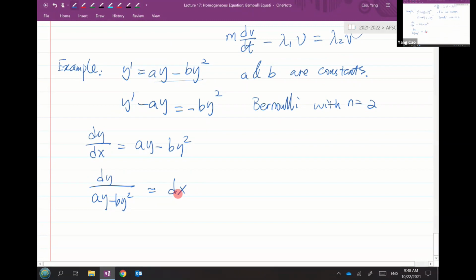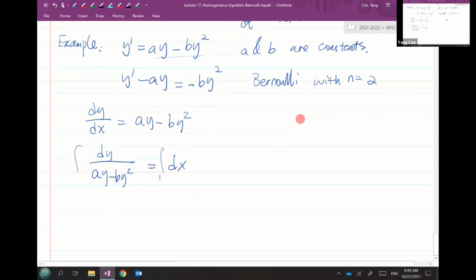So what do we call this approach again? Separating variables, right? Now you might wonder, how am I going to integrate this side? Yes, there's a technique to integrate depending on the a and b values. You can factor the bottom as a minus by.